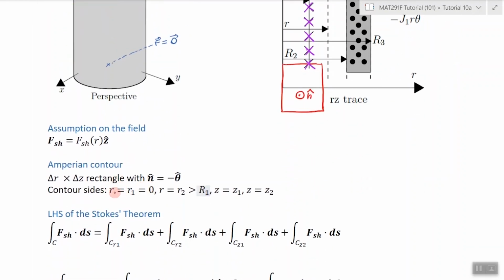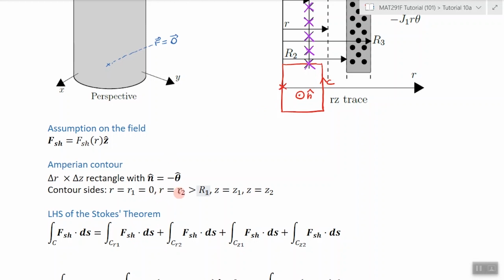The left side, so R1, for the contour is going to be at R equals 0. The reason why is because the point the question is talking about is the origin, right? So we want to pass through the origin. The orientation of the contour, sorry, this is n hat, so the orientation is this way.